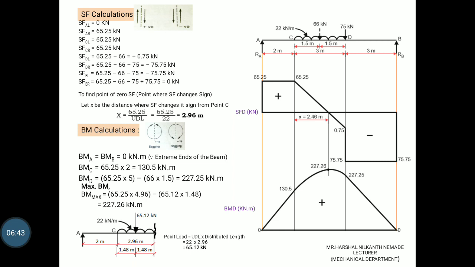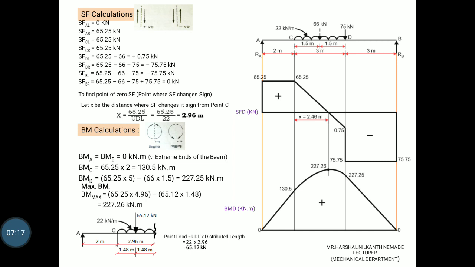So bending moment max is equal to 65.25 into 4.96 minus, as I have shown in the figure, downward. You may see that I have just taken the section, which is AC, so 2 plus 2.96 meter.